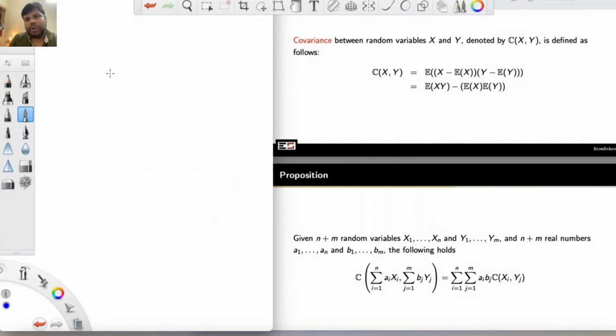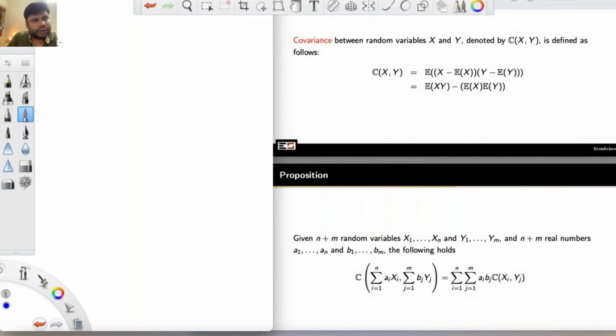Okay, so we can think about this very interesting formula for finding covariances of random variables involving sums of lots of random variables. You can use this formula for that. Let me first tell you how to derive this formula.